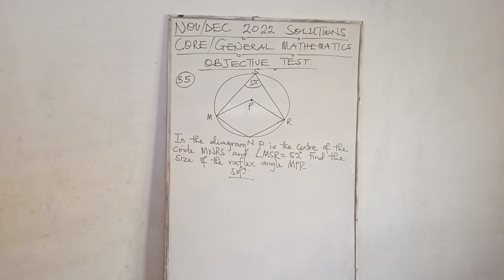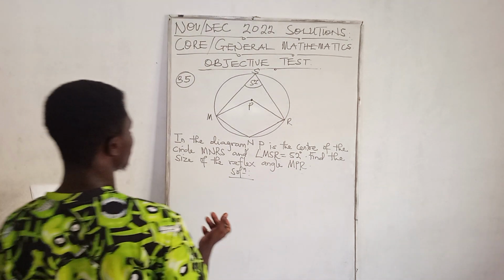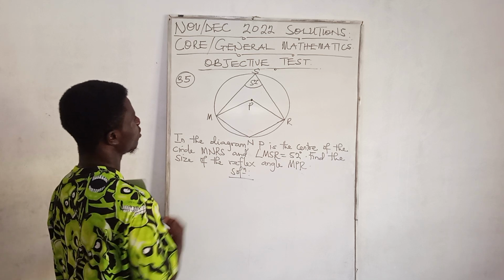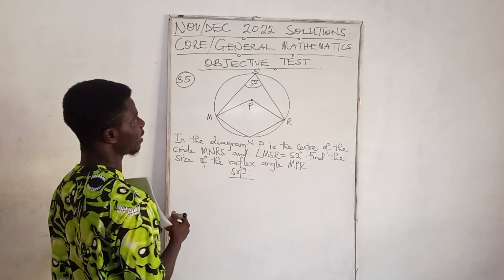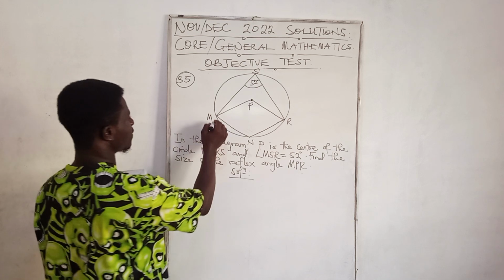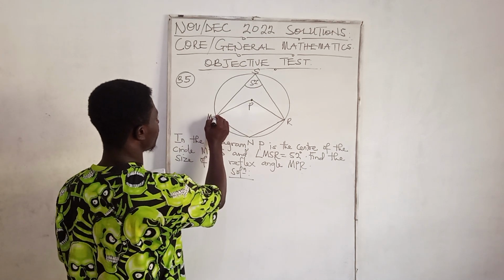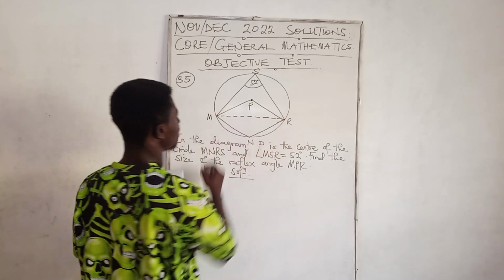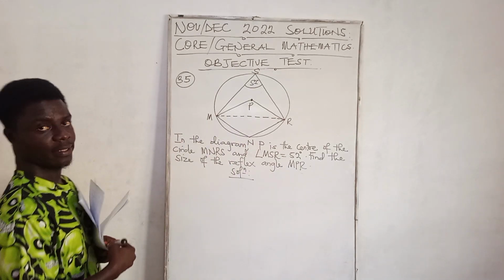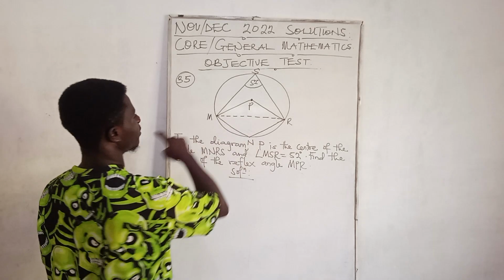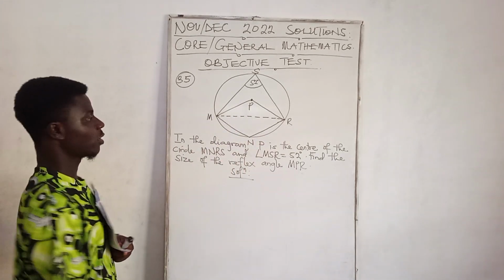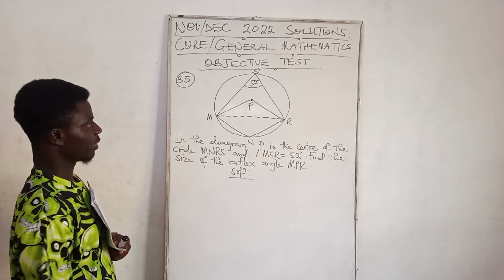So now let's see. If P is the center of the circle, it makes our work so easier and faster as well. We have an angle subtends at the circumference. Now we can join this point M to point R using what? A line. So now these 2 points are connected by this line. That's the broken line. See?